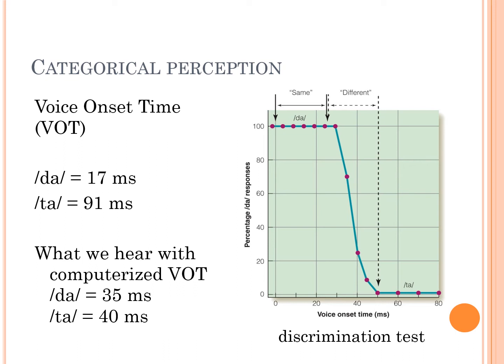So if they looked at 25 milliseconds, let's say starting at 30 milliseconds going to 55 milliseconds, now they're saying those sound different. Okay, so again, a categorical boundary: if it's on one side of the boundary, it sounds like that phoneme. If it's on the other side, it sounds like the other phoneme. And if it spans the boundary, it sounds different to us.